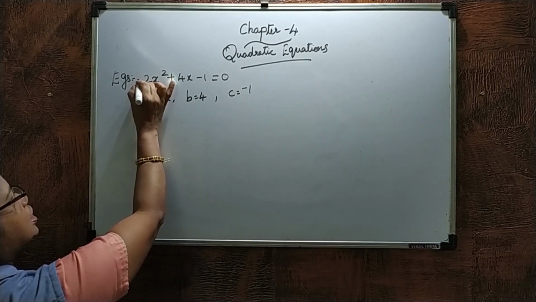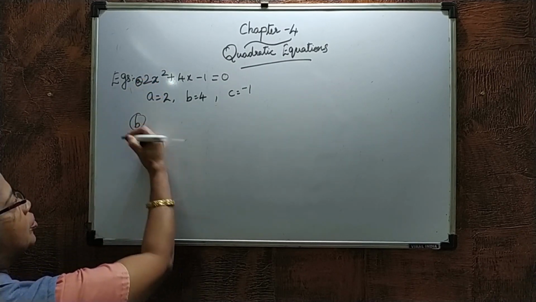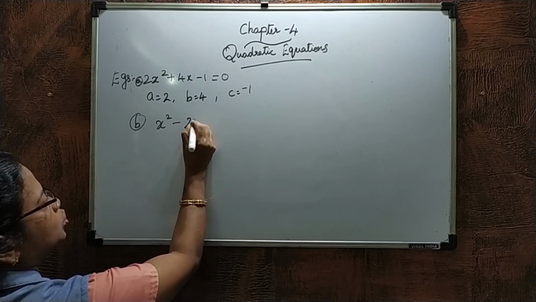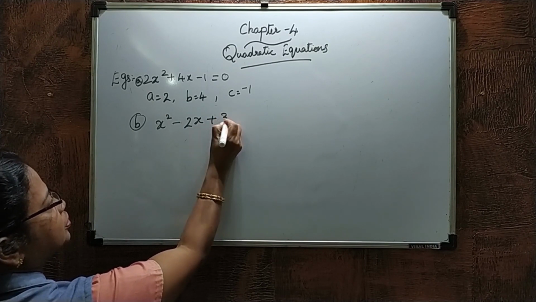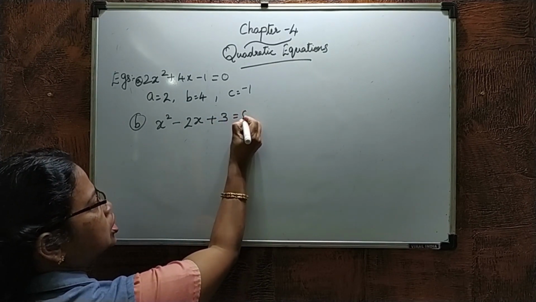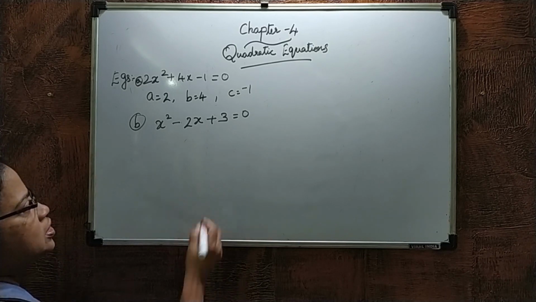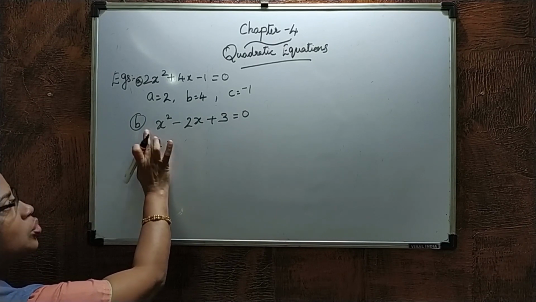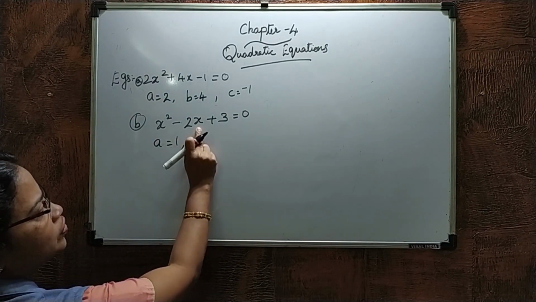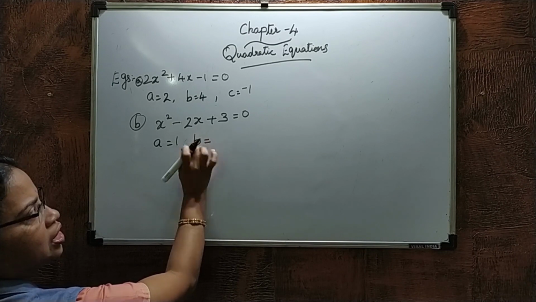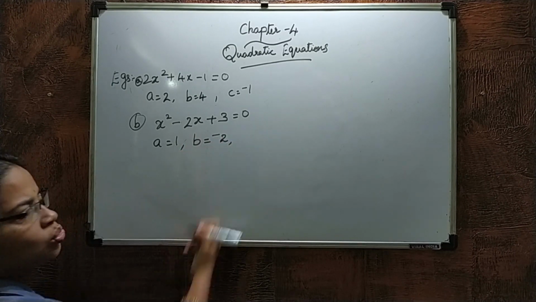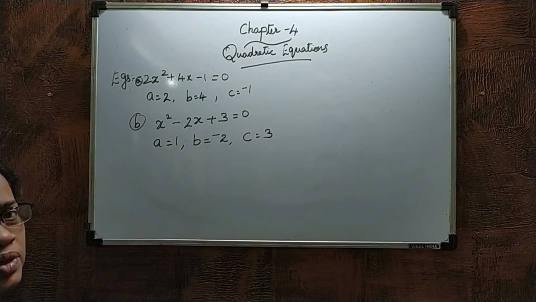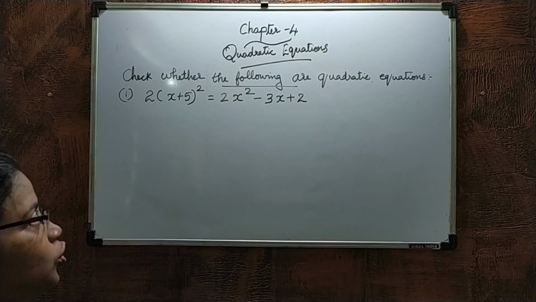Now next example, this is example A. Second example, x square minus 2x plus 3 equal to 0. Equal to 0 should be there always. So a is equal to what? Here there will be 1. Coefficient of x square is 1. Then coefficient of x will be b. So it will be -2. Then c is the constant term. So 3. Clear?